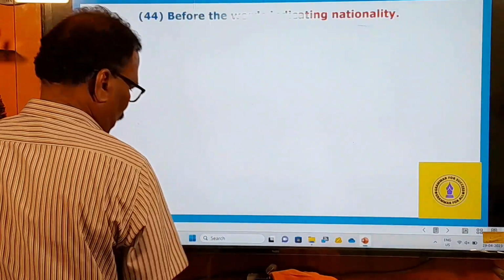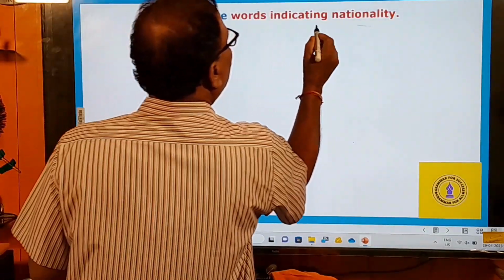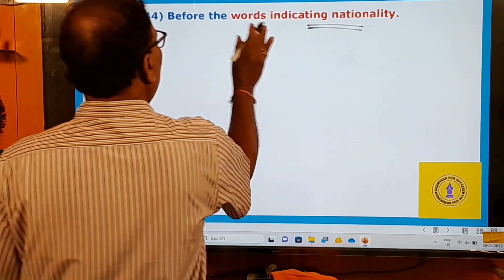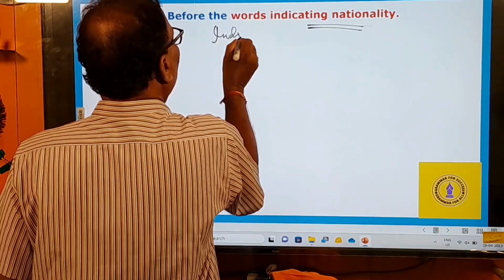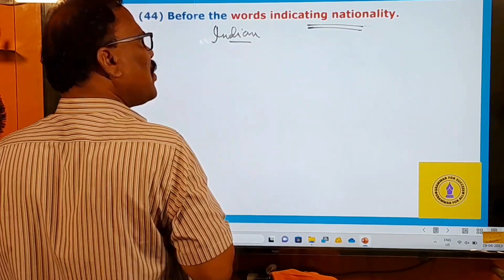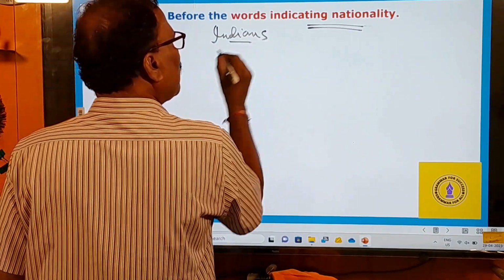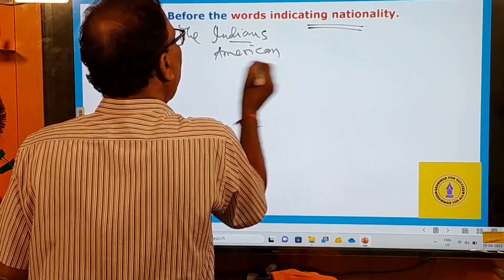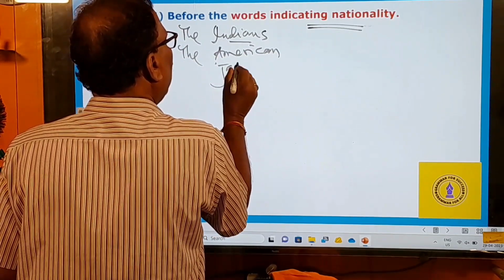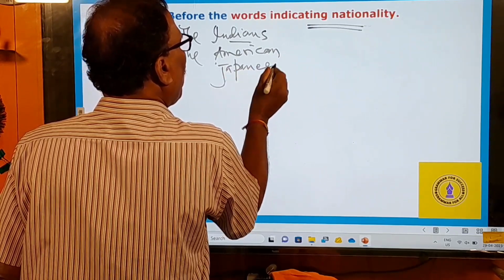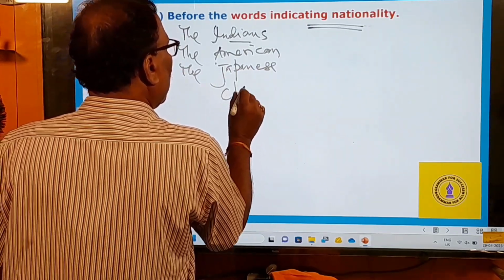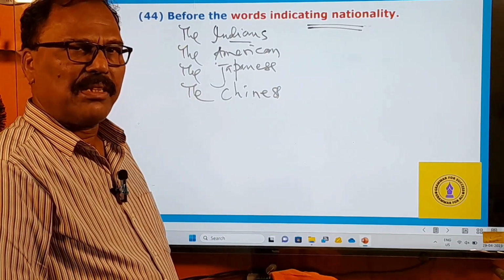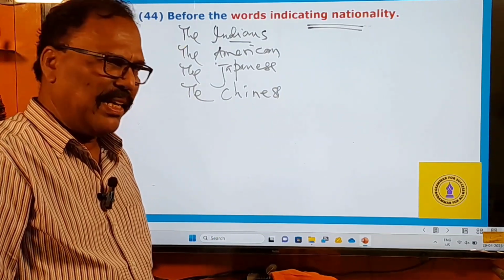Before the words indicating nationality. Nationality means what is that? What is our nationality? Indian. Indians, the Indians, Americans, Japanese, the Japanese, the Chinese, the Russians, the Ukrainians, the English.